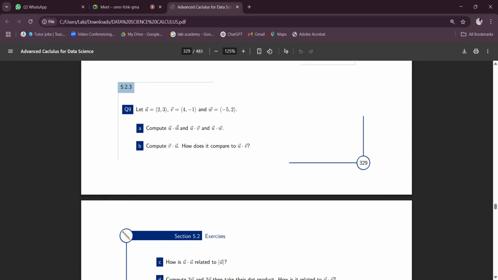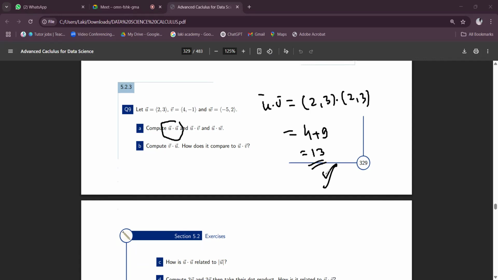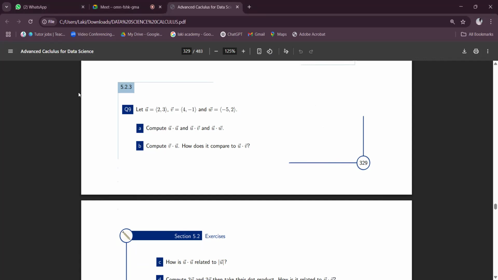Compute U dot V and U dot U. U dot U means multiplying the same components, which is 4 plus 6 plus 9, that is 13. U dot V is 8 minus 3, and V dot W is minus 10 plus 6 minus 4, right?